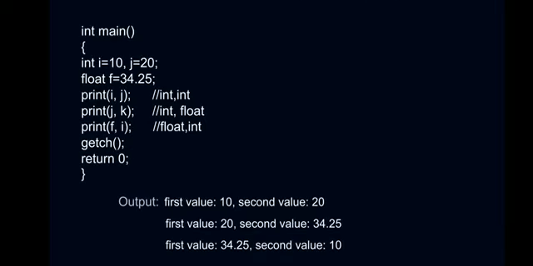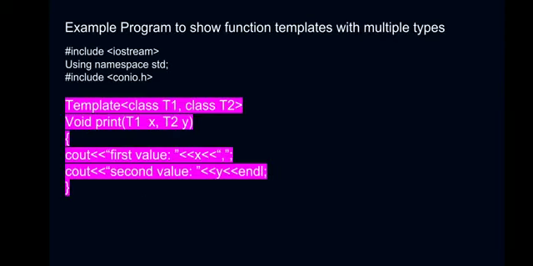Second, when I call the print function with j comma f, j is an integer, f is a float. So when I call it with j comma f, that is integer and float, T1 is represented by integer, T2 is represented by float.